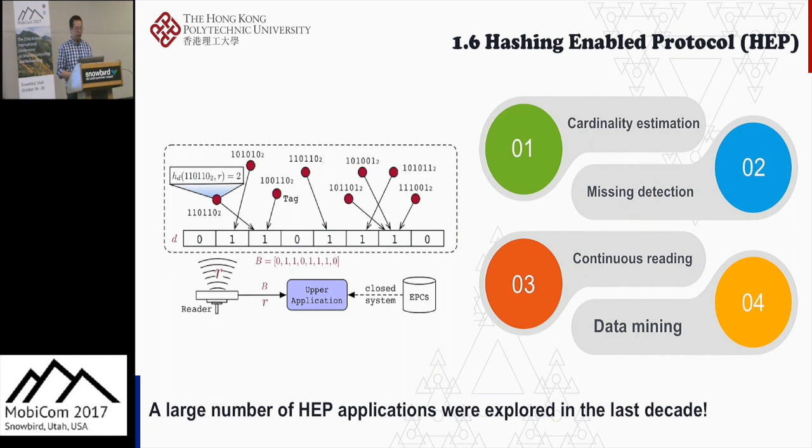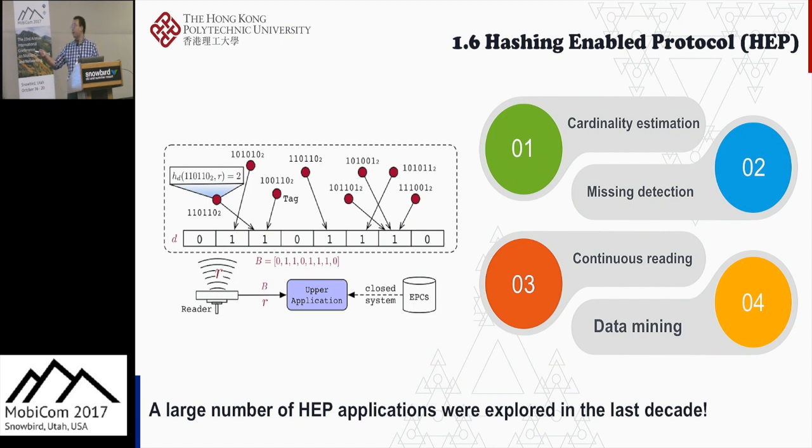There are actually a large number of applications that have been deployed in the last decade. For example, we can estimate the total number of tags by observing the number of ones or zeros in the bitmap. And we can also detect missing tags. For example, in a closed system like a warehouse, we know the EPCs in advance, so we can generate a perfect bitmap.